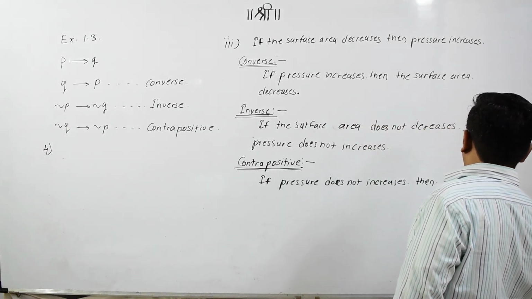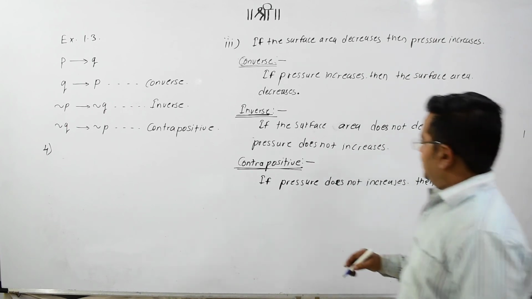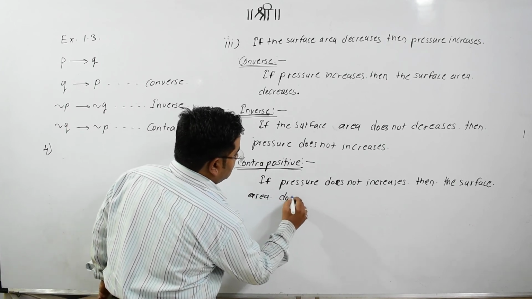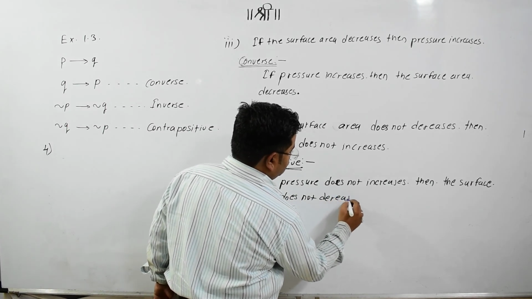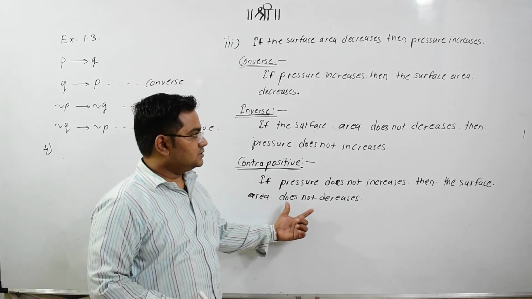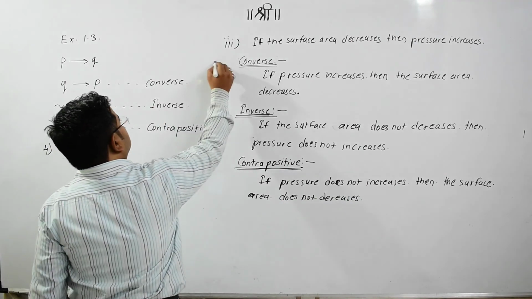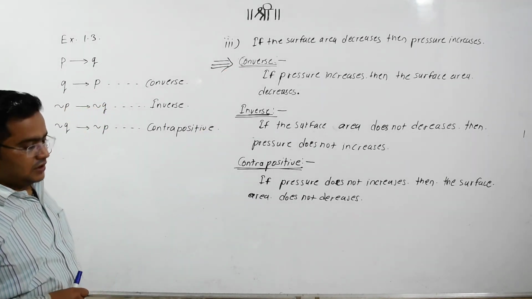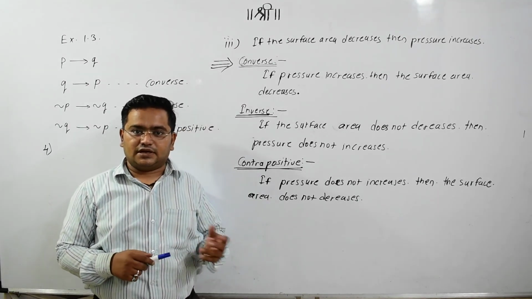Then the surface area does not decrease. That's the most important step which we required over here. Hope you are getting these answers. If you have any doubt, just let me know within the comment section. Up to this exercise we will stop and we will perform the next exercise in the next video.